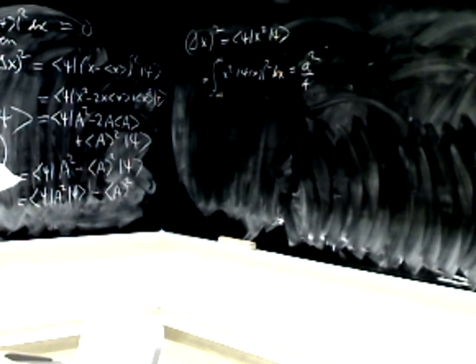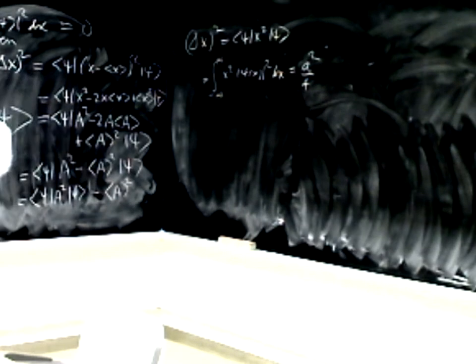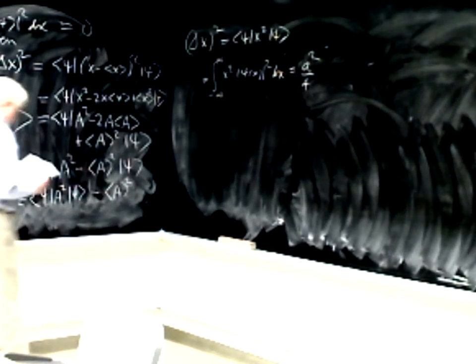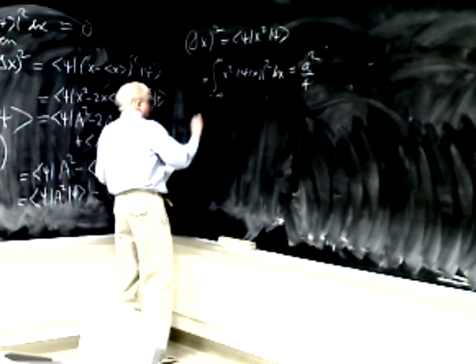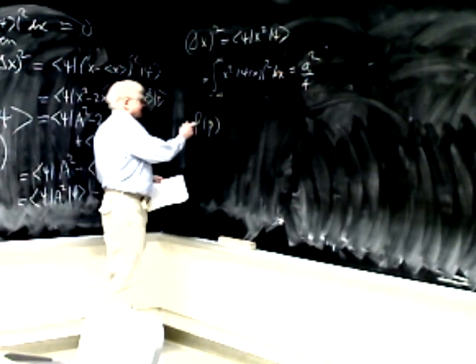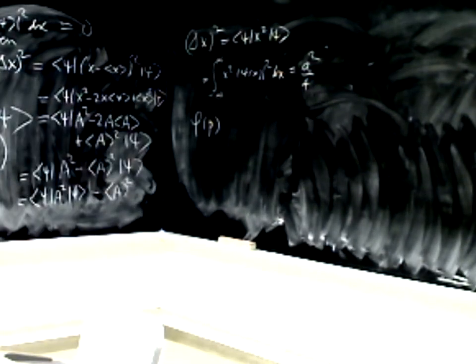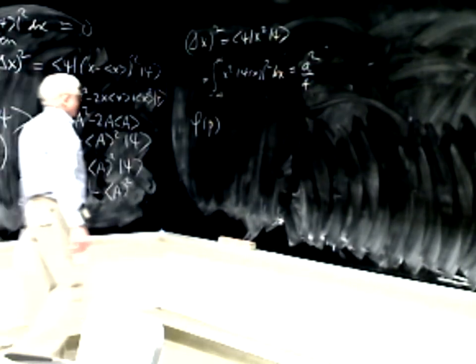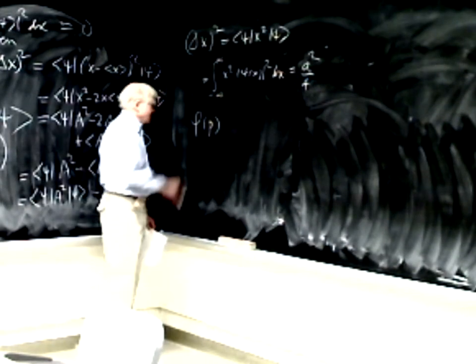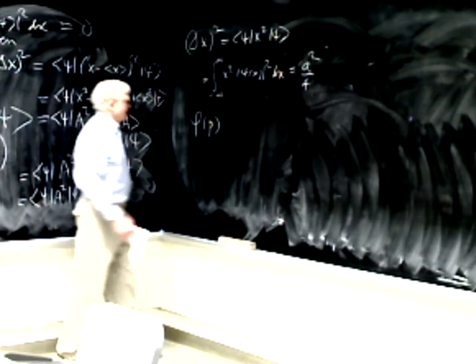Okay. Now, to find the dispersion in momentum space, we need to find the momentum space wave function. And in the last section, we saw that that was the Fourier transform of the position space wave function. So psi of p, and what I'm doing here is using what LaTeX calls varphi, but I think of it as just an easy way of writing psi.